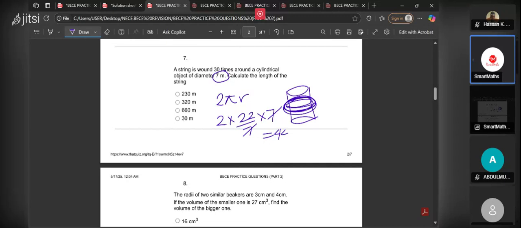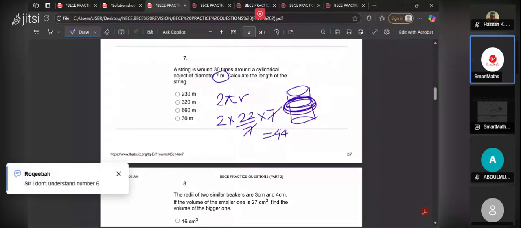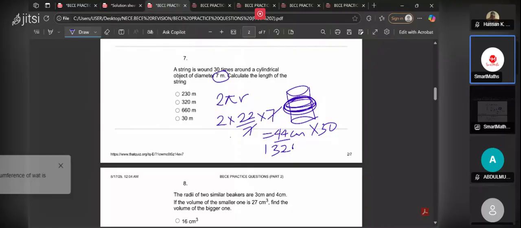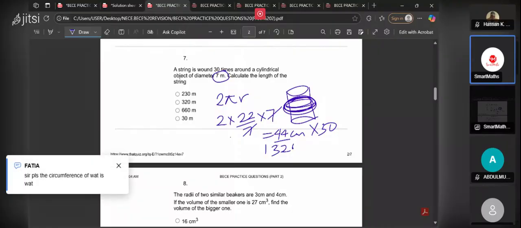So when you wind it one time, you have 44 centimeters. Then multiply by 30 times. That is 44 times 30, which gives us 1,320 centimeters.